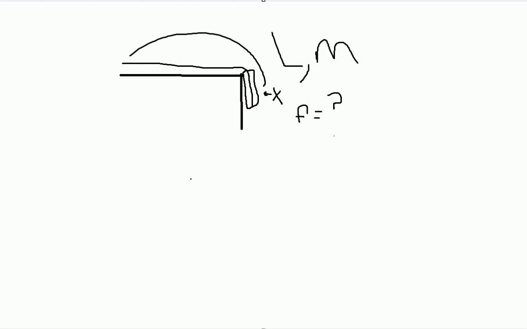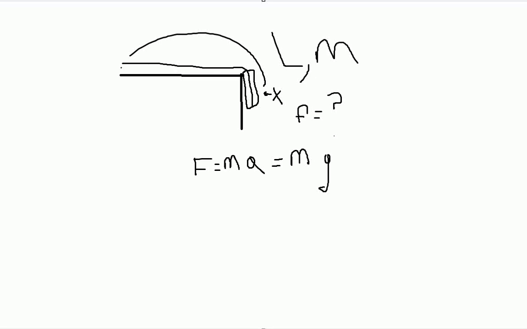We obviously know, because of Newton's second law, that force equals mass times acceleration. The force here is the force of gravity, so this is going to equal mg. But what exactly is the mass here?